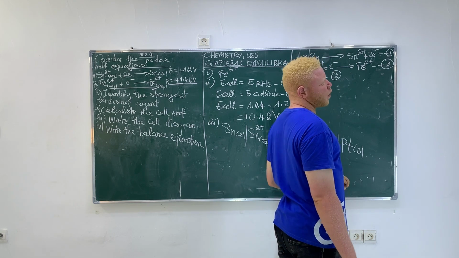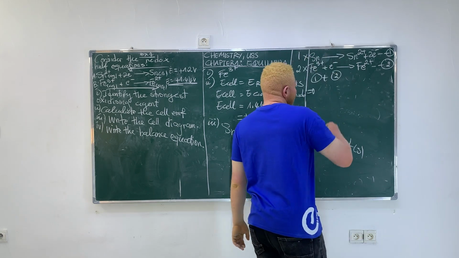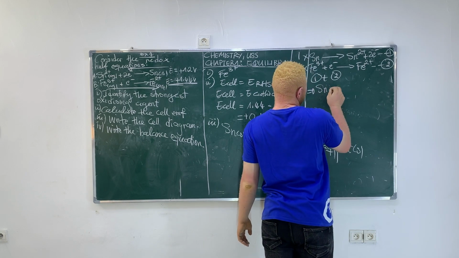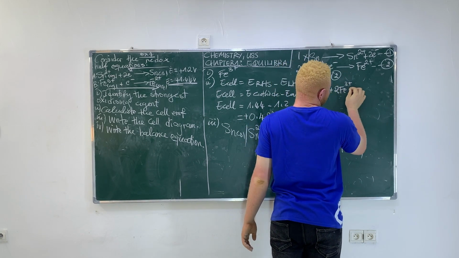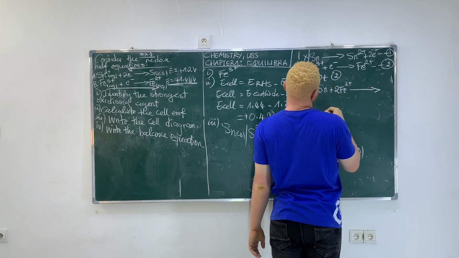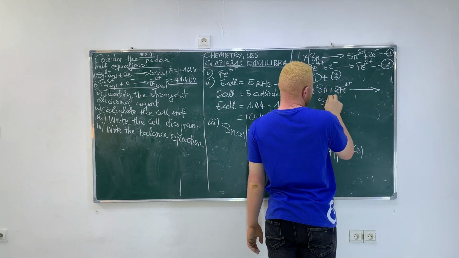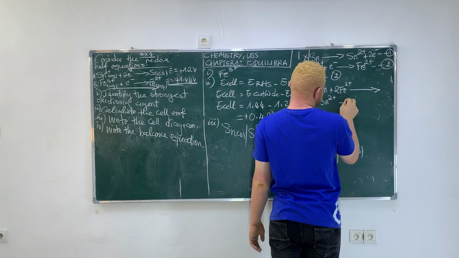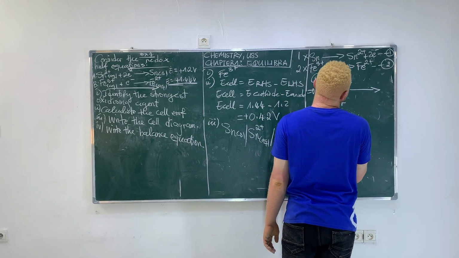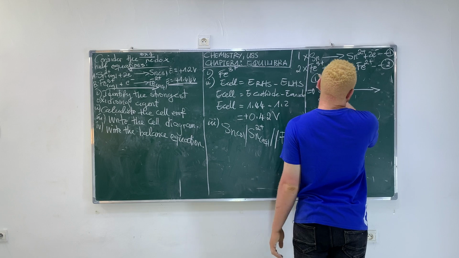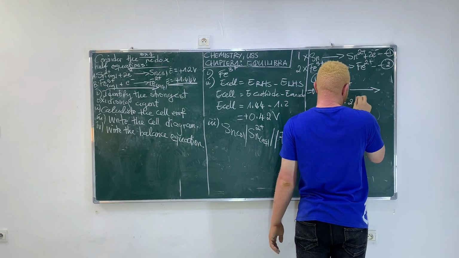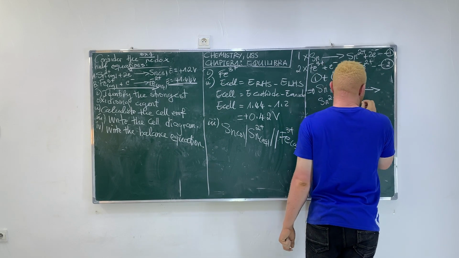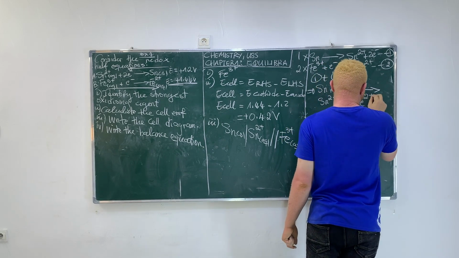Add equation 1 to equation 2. We'll be having Sn plus 2Fe3+ giving Sn2+ plus 2Fe2+.